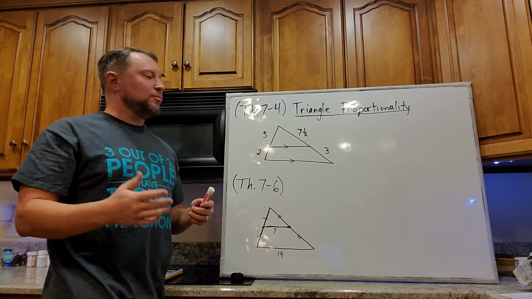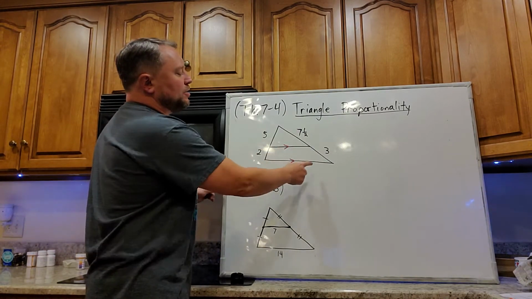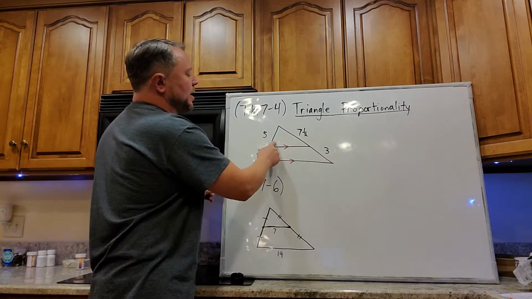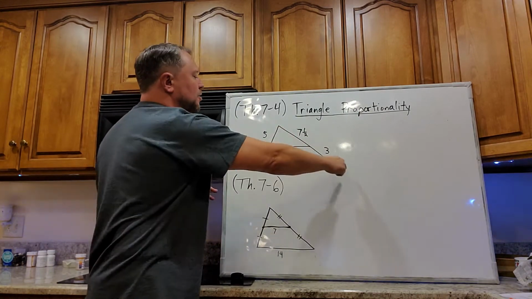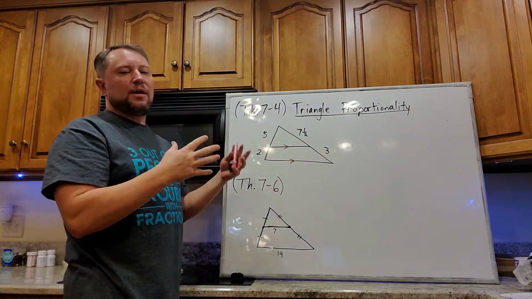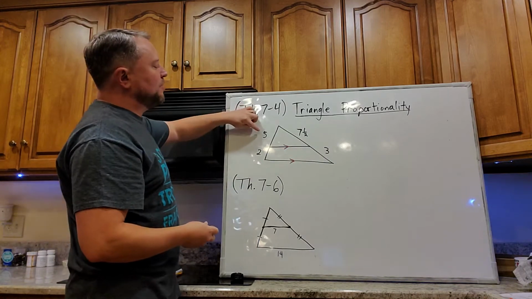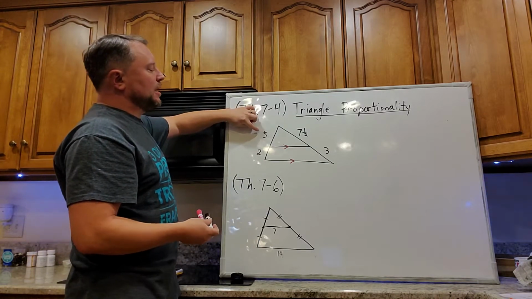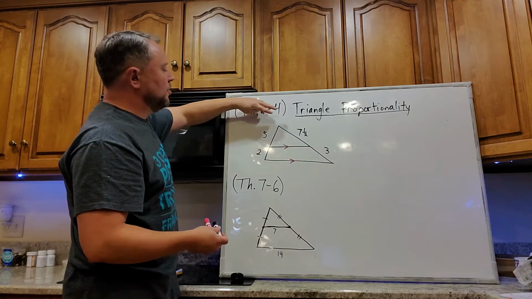In the past, when we did a problem like this, because these were parallel, we could say the corresponding angles match, and then we would say the smaller triangle is similar to the bigger one. Then in terms of small triangle, big triangle, I might have said the ratio of the sides was 5 to the full length, 5 plus 2, or 7.